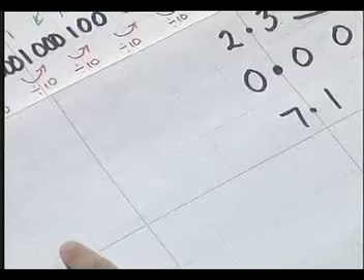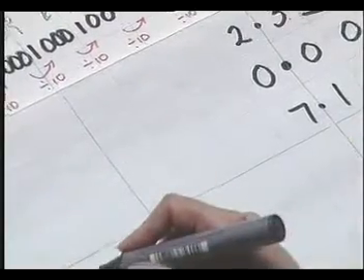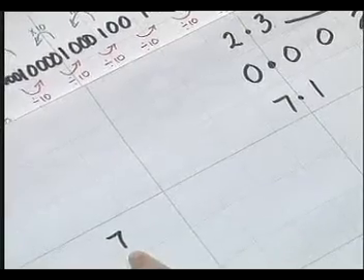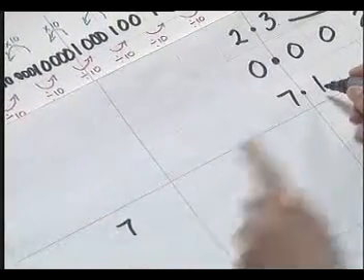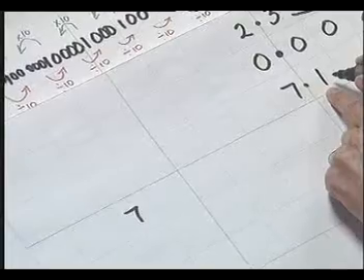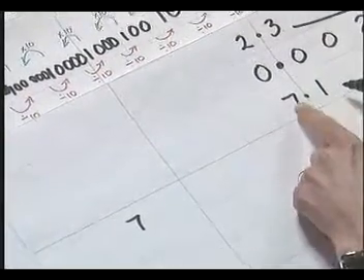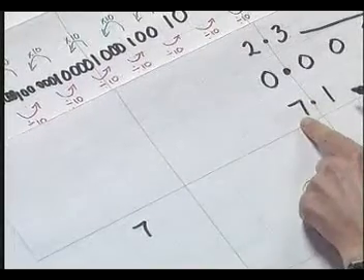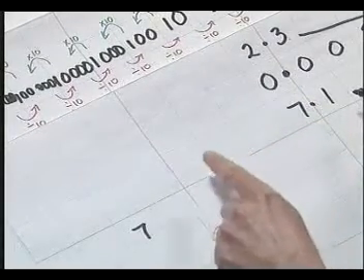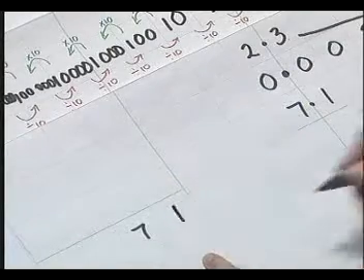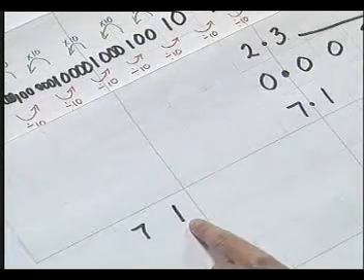That's 5 times. So our 7 is going to end up in the hundred thousands column. And our 1, our 1/10, is going to be multiplied by 10 5 times. 1, 2, 3, 4, 5. So it ends up in the 10,000s column.